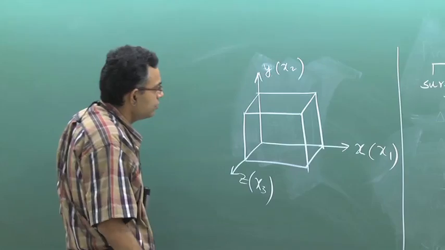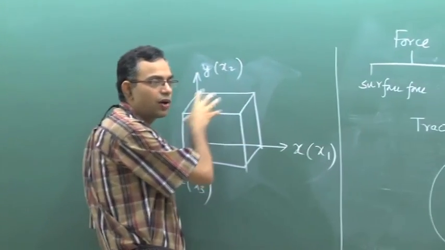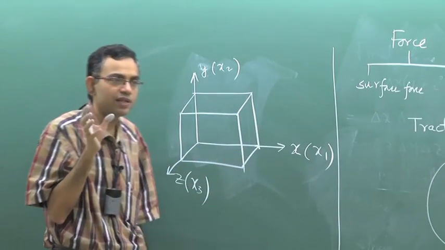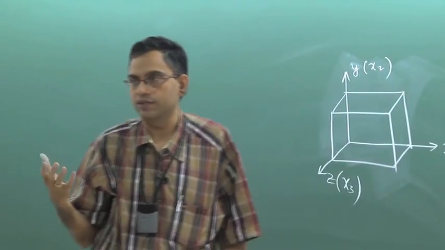Okay. So now how many surfaces does this volume have? These are 6 surfaces. The speciality of these 6 surfaces is that their normals are either along x or along y or along z.